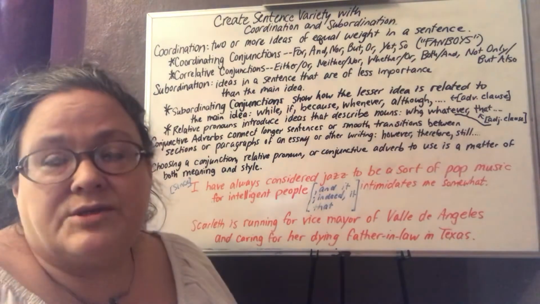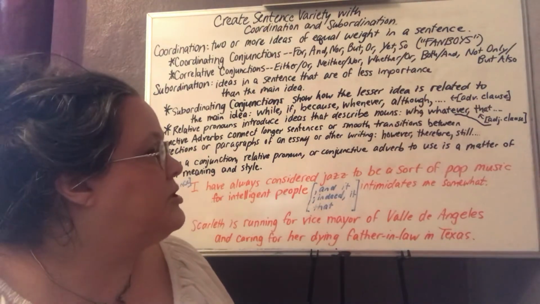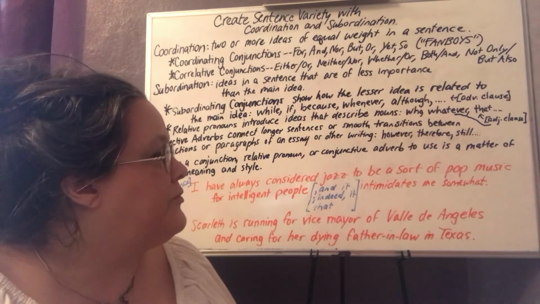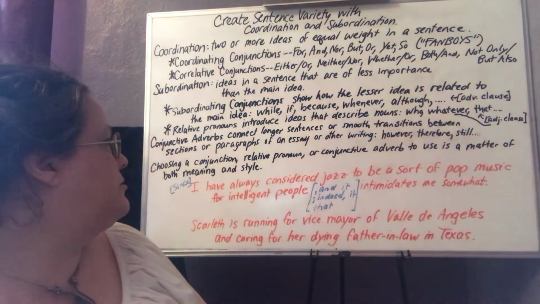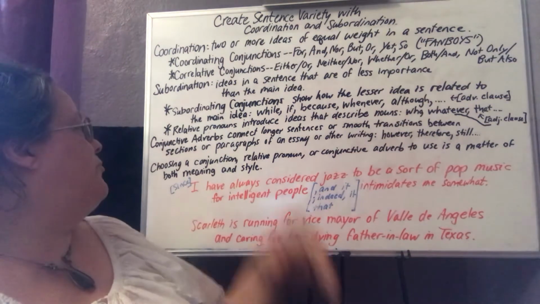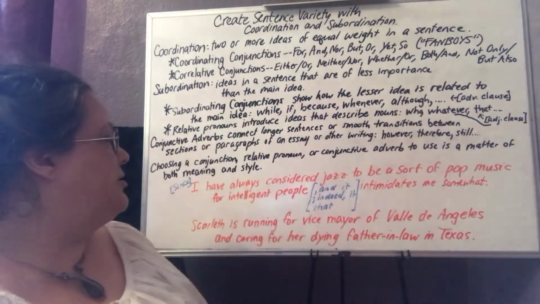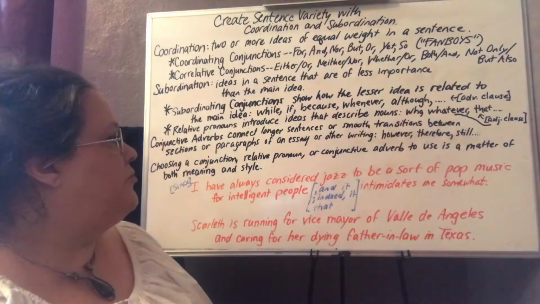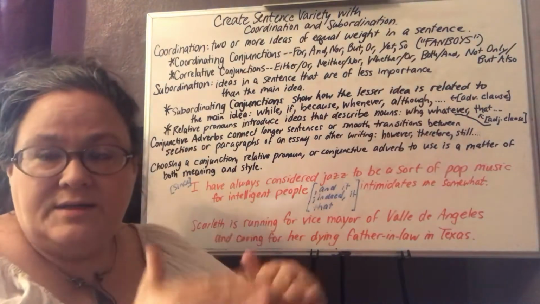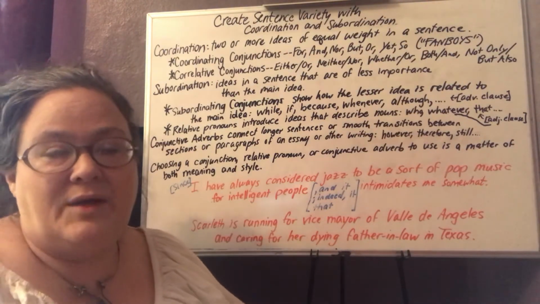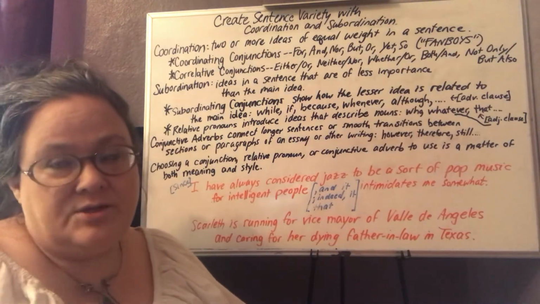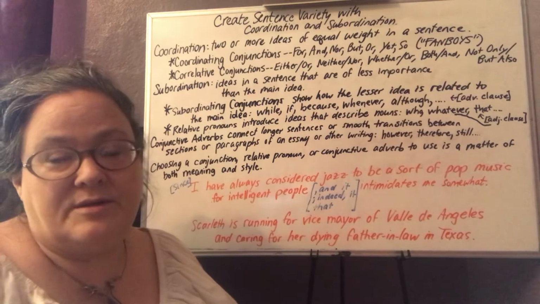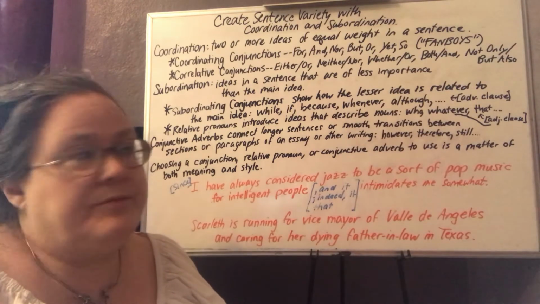And there are several in the English language that can be used. So both subordinating conjunctions and relative pronouns show that one idea in your sentence is dependent upon, subordinate to, lesser than, of less importance than another one.